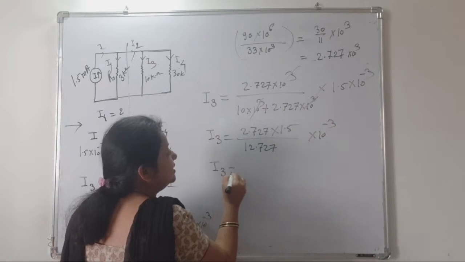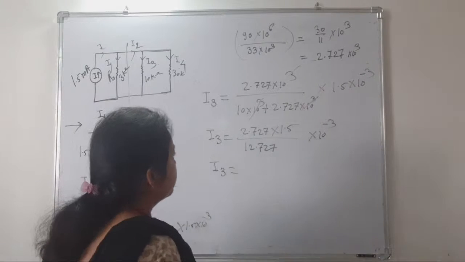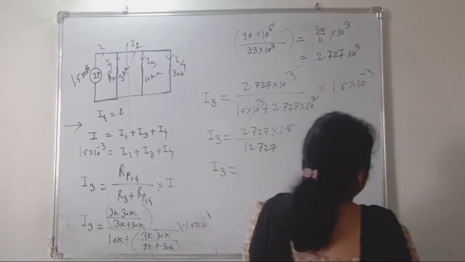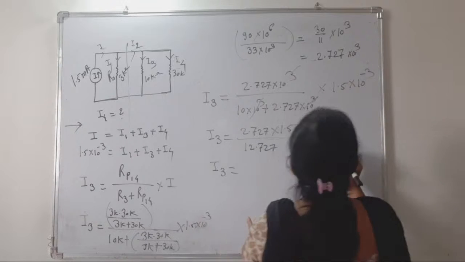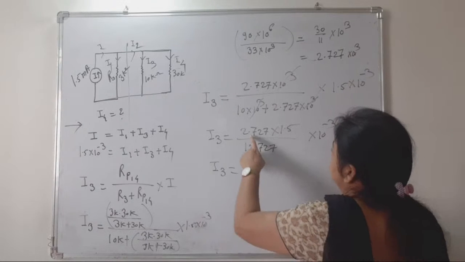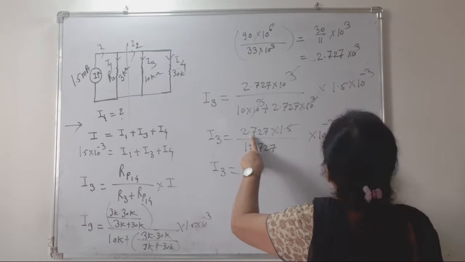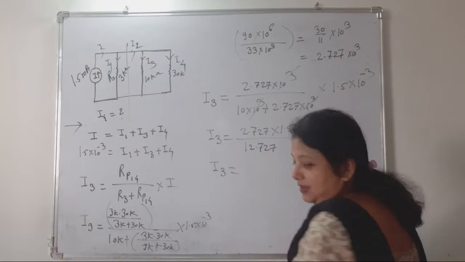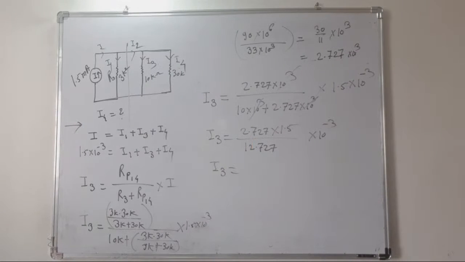Therefore I3 is equal to, how do you simplify? By calculator. The value of R3 I directly copy down.